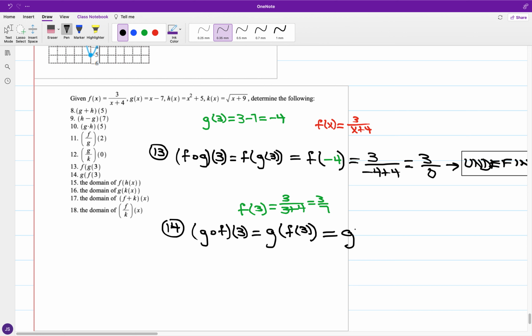And so we're going to have g of 3/7. With the output function g, g of the input is equal to the input minus 7. So g composed of f of 3 is g of 3/7, and in turn we have 3/7 minus 7.